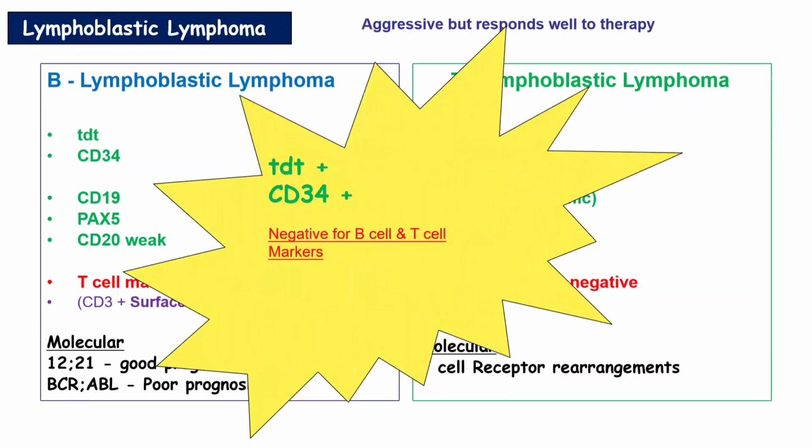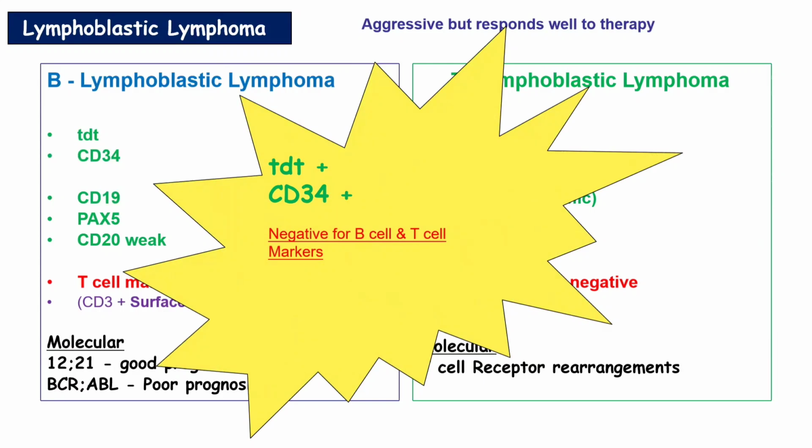Now, here is an important point: at times we will come across a lymphoma in children that will be TDT positive and CD34 positive. So it is going to show positivity for primitive blast cells, but it will be negative for both B cell and T cell markers.